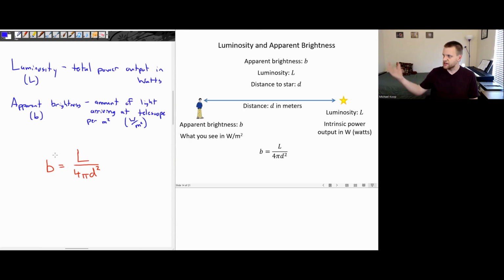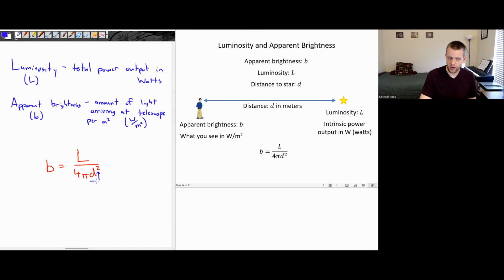On the other hand, let's say I took that original 100-watt light bulb, and I move it much, much further away. So I'm increasing the distance to that object. Well, if I increase the distance, then in this equation, distance is in the denominator of the equation.